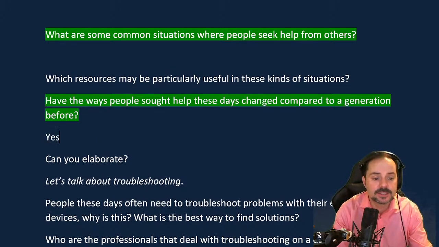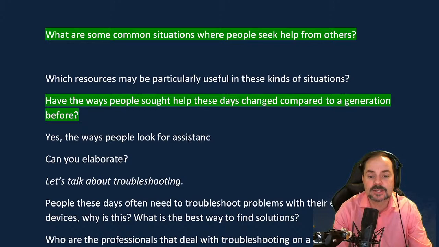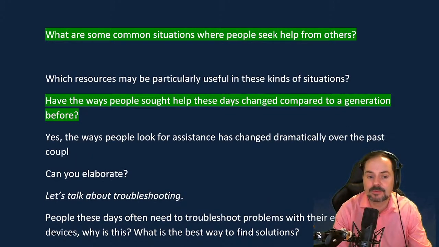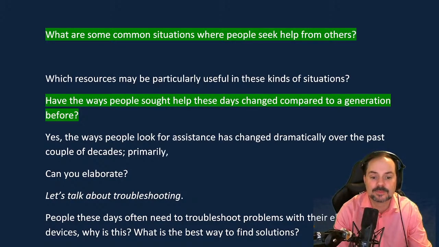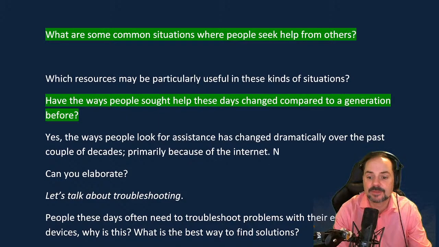So yes, the ways people look for assistance has changed dramatically over the past couple of decades, primarily because of the internet.